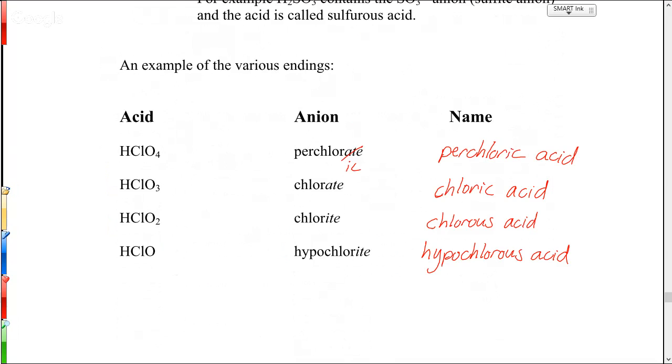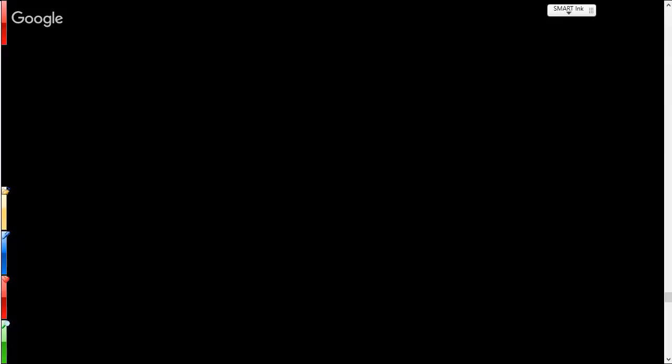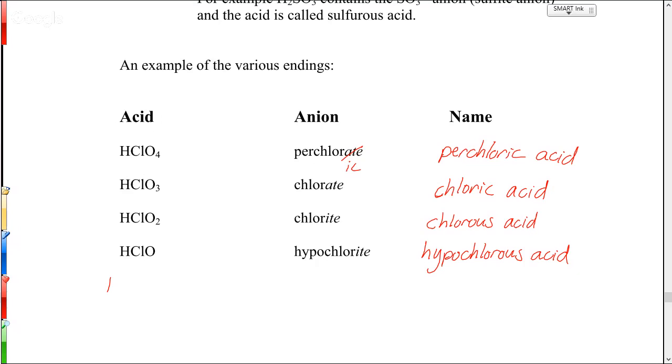So another common one we might use, or we will probably use. Can we name that one? HC2H3O2. What's that anion called? Acetate. That is acetate. Acetic acid. So that is acetic acid.